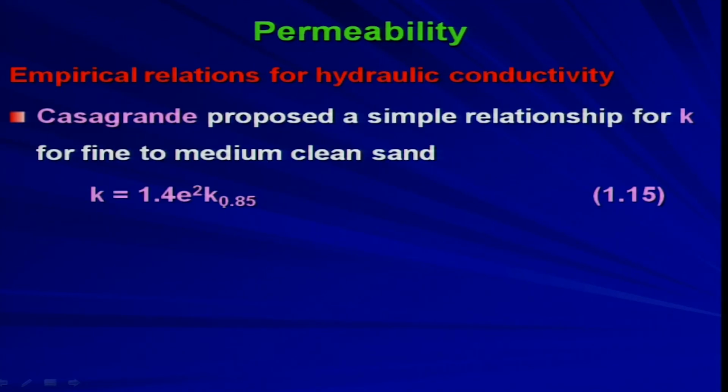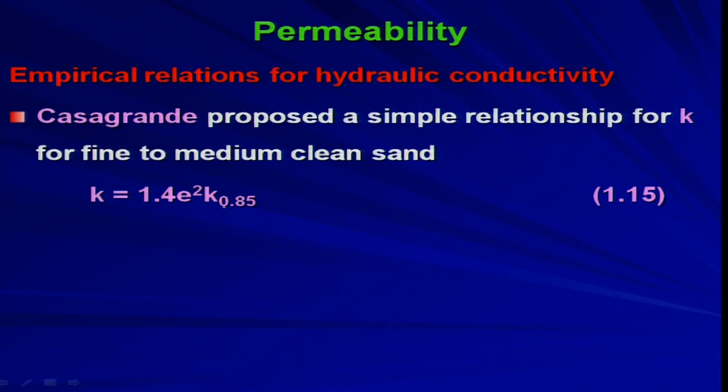Casagrande proposed another empirical equation, a simple relationship for k for fine to medium clean sand. These empirical relations are suitable for sandy particles or the granular material. Now, k as per Casagrande is given by 1.4 into e squared into k 0.85.